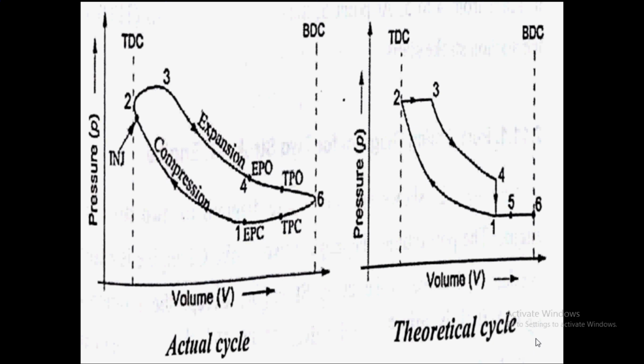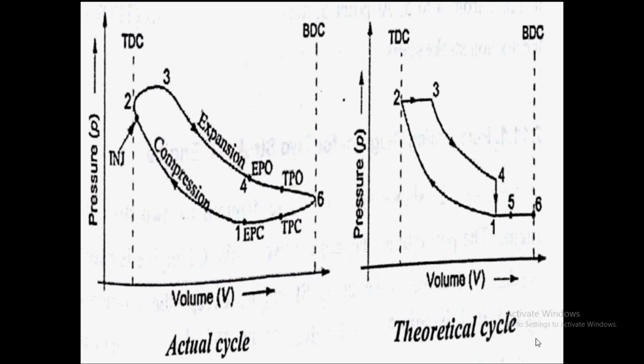So the last one is the actual cycle for two-stroke cycle in CI engines. The comparison of actual cycle and theoretical cycle for a two-stroke cycle in CI engine is shown. The suction stroke is carried out from transfer port open to transfer port close, TPO to TPC. During half of the suction stroke, the exhaust port is also opened.